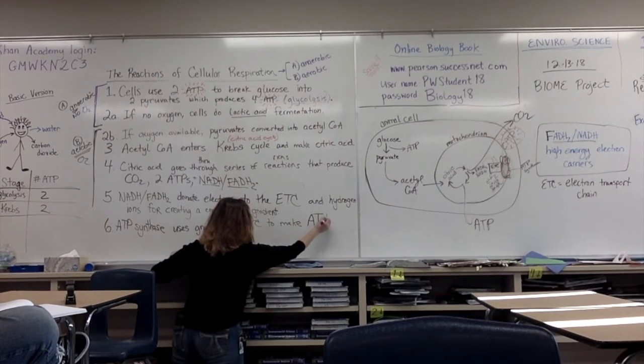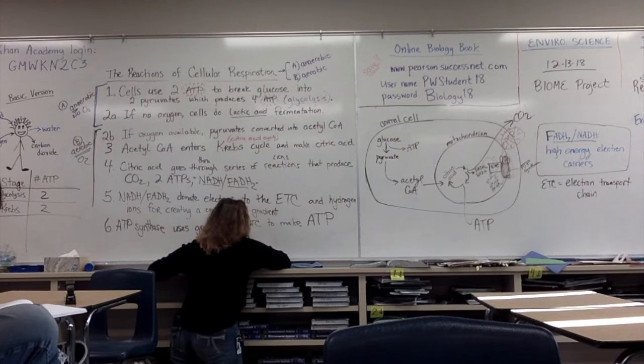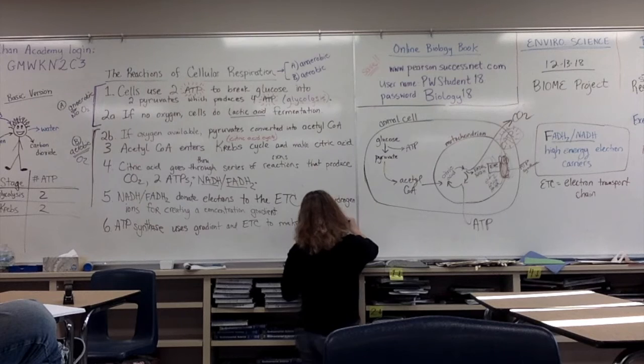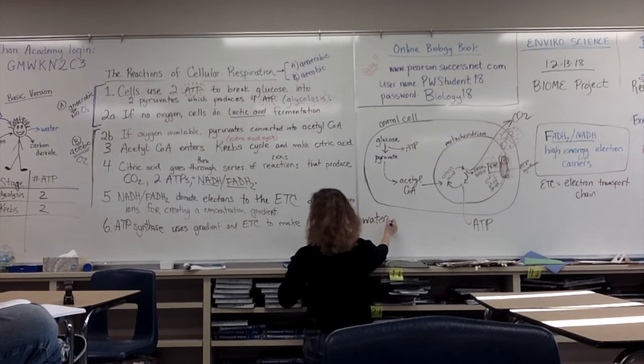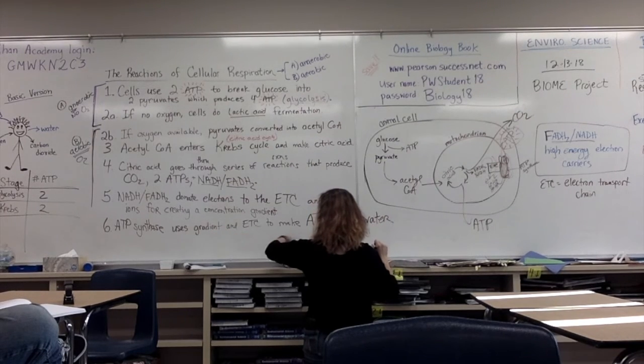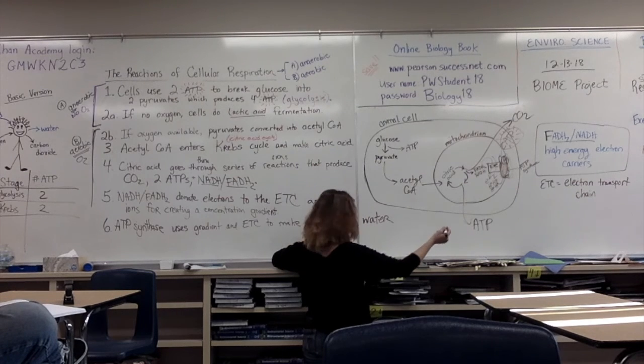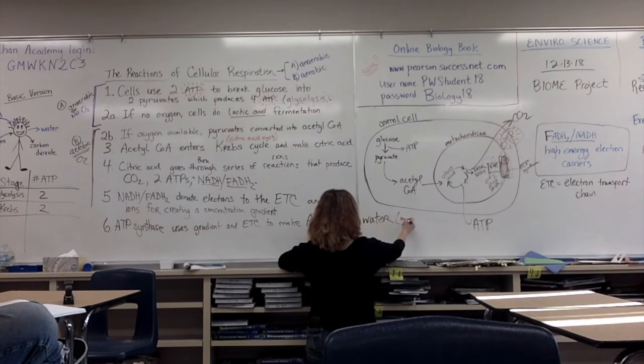Spelling is hard. Do you know what it stands for? Adenosine triphosphate. Good try, but I think it's not super important. So this last step uses the gradient and the electron transport chain to make ATP, which we need, and water, which is waste.